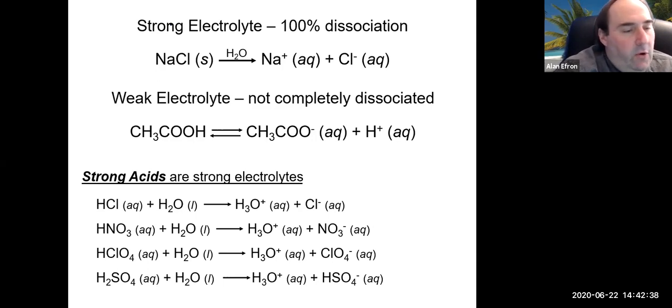You will have none of the whole units together. Something like sodium chloride and most salts, when they're in an aqueous environment, are strong electrolytes. So when we have sodium chloride in a solution, you no longer have any of the NaCl units together, but it's 100% sodium ions floating around and 100% chloride ions floating around.